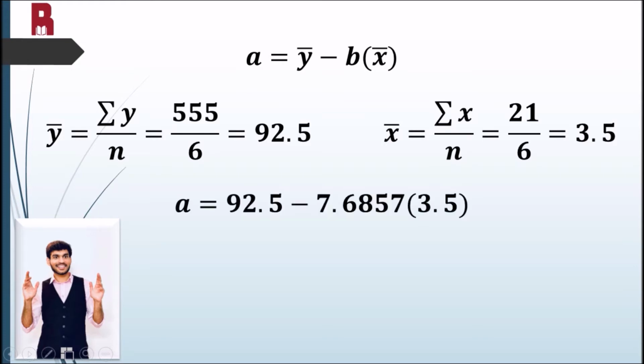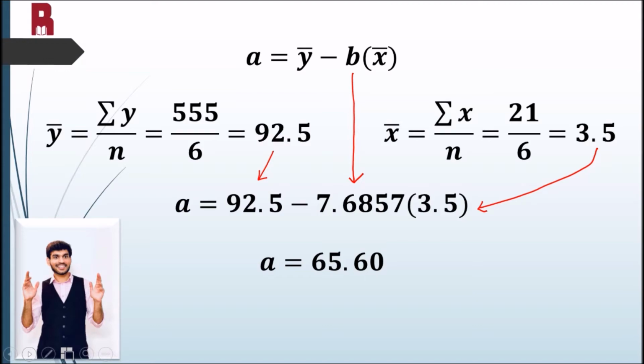Therefore, A is equal to 92.5 minus B, which was already calculated earlier, 7.6857 into x bar, which is 3.5. Solving further, we get A is equal to 65.60.